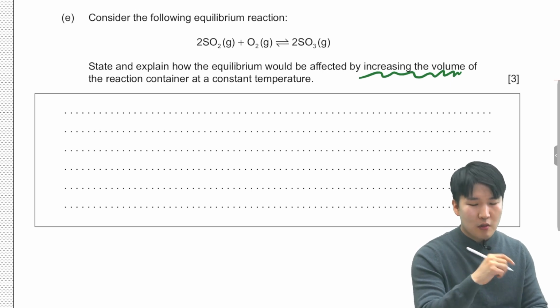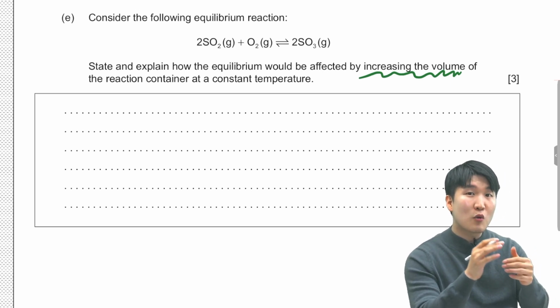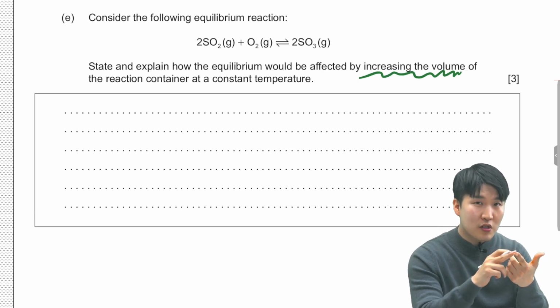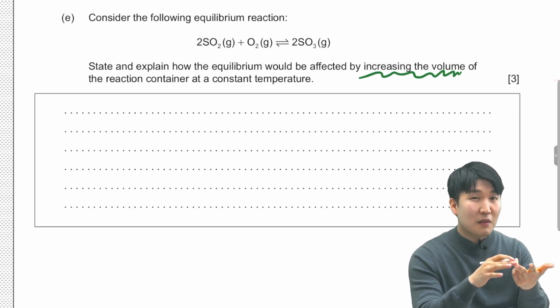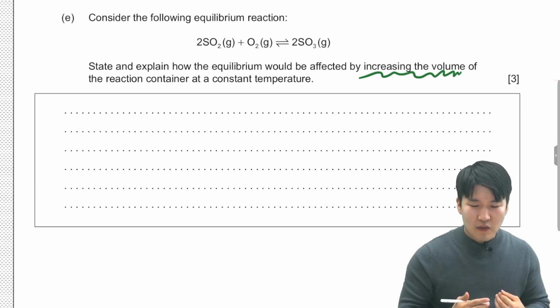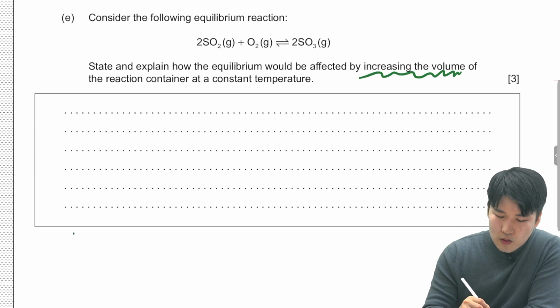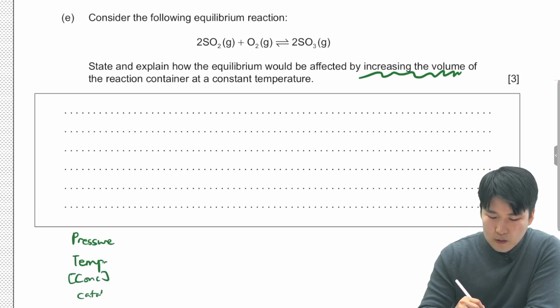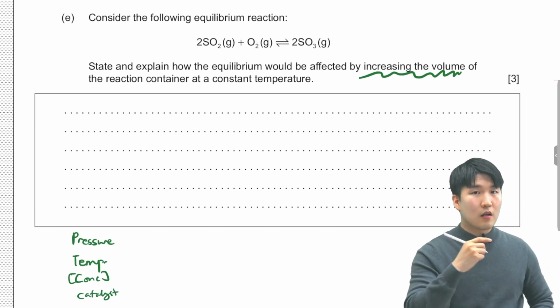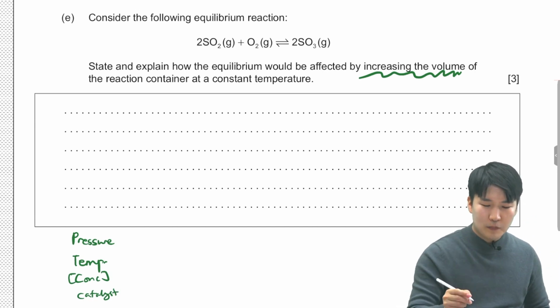So we'll be looking at pressure, but besides pressure, there can also be temperature, concentration, and catalyst. A catalyst doesn't directly affect POE, position of equilibrium, but we deal with catalyst when it comes to position of equilibrium. So pressure, temperature, concentration, catalyst are the factors that affect POE.